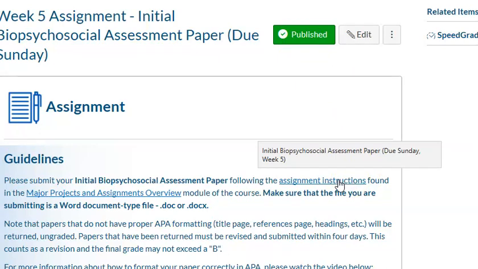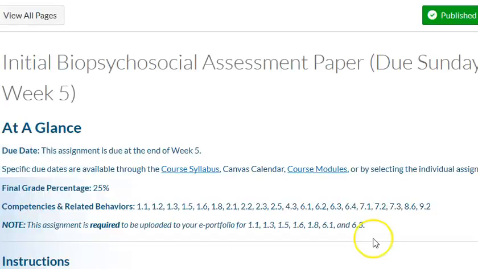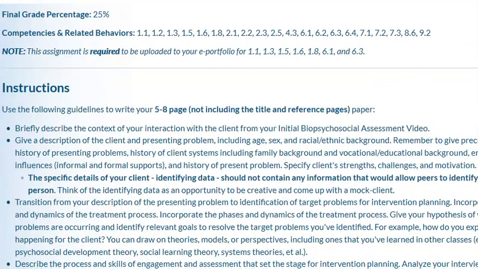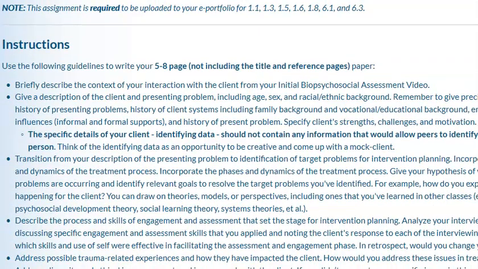And for whatever reason, it's not coming up quickly. So this is your initial biopsychosocial assessment paper due Sunday of week 5. The rubric and the instructions are as follows.